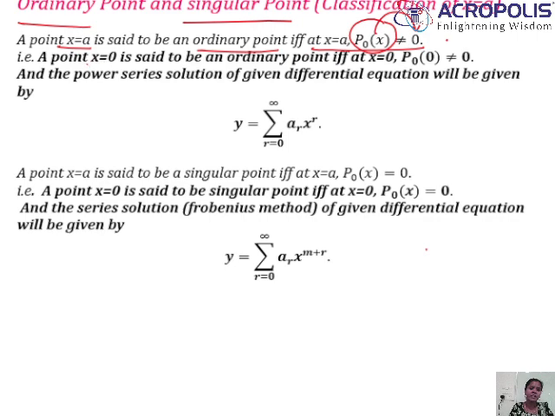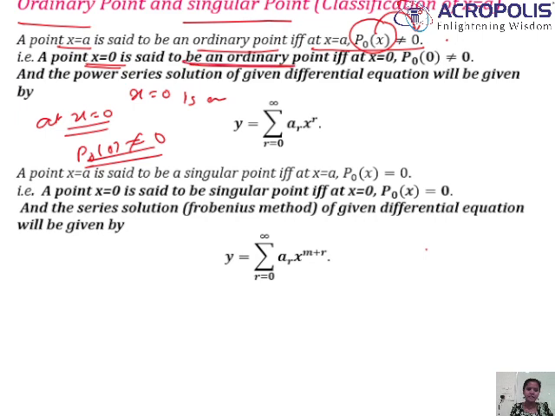For a particular case, I am taking x equals 0. When we substitute x equals 0 and p naught of 0 is not equal to 0, then you can say that x equals 0 is an ordinary point.